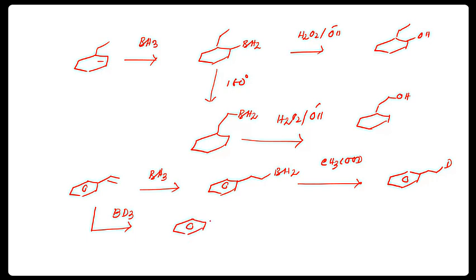So this will be BD2 and here we will have one D. Then treat again with acetic acid, H and D. These labeling experiments give us details about which hydrogen is donated by which entity.